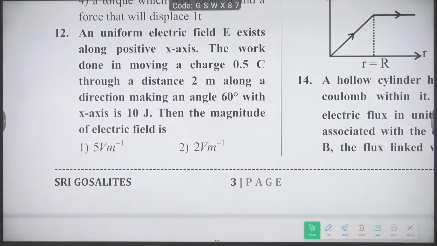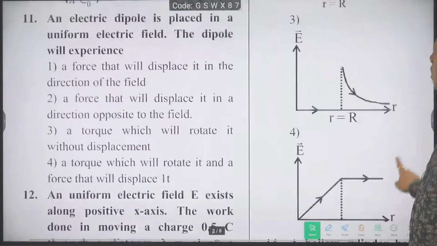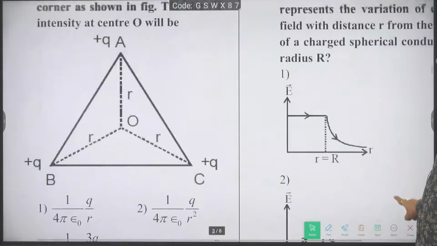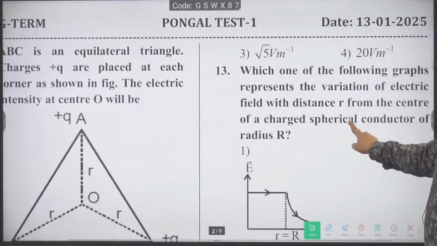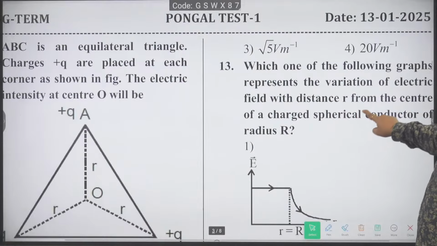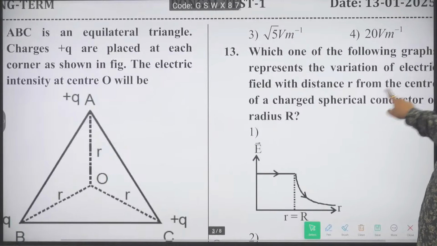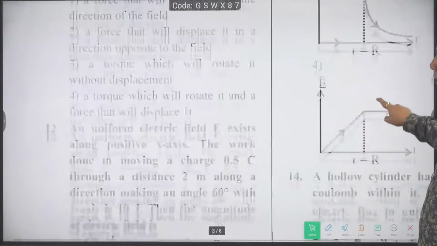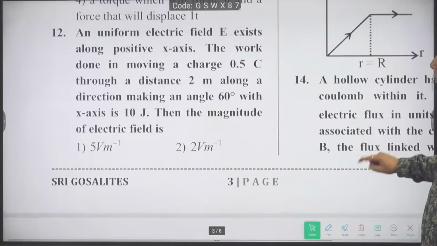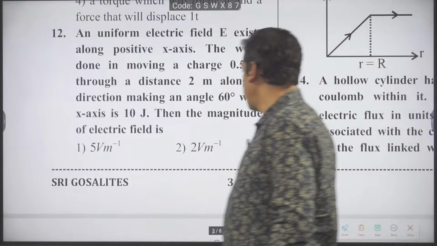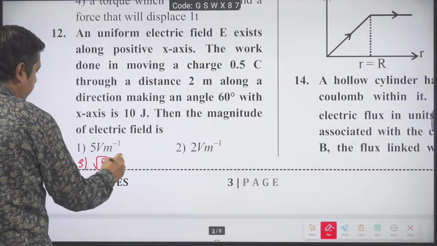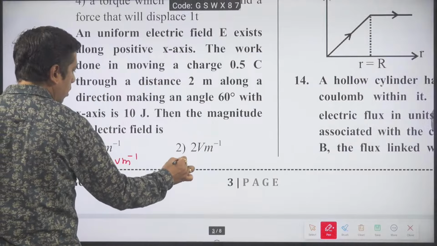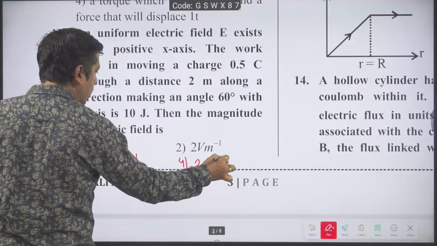You want to see the remaining options also? The remaining options are root 5 and 20. Please keep it in mind. If you want, I can write it here. Third option is root 5. Fourth option is 20.